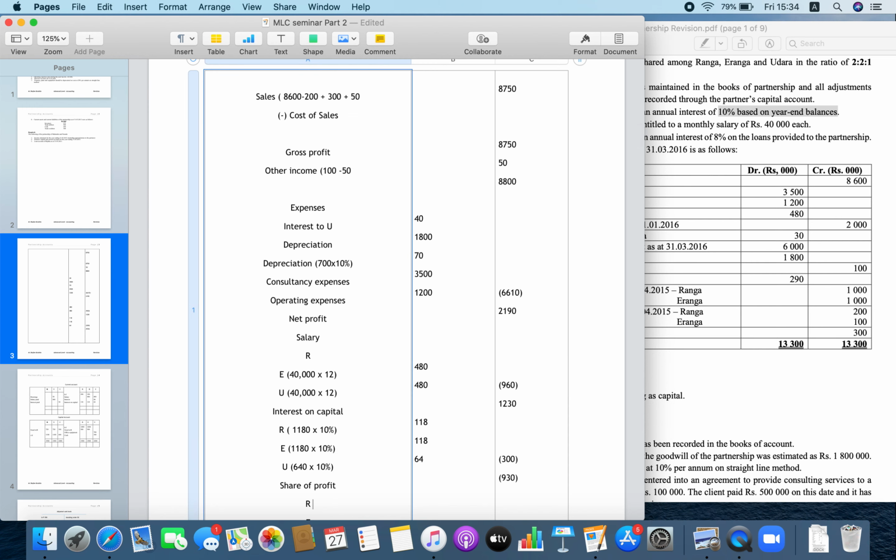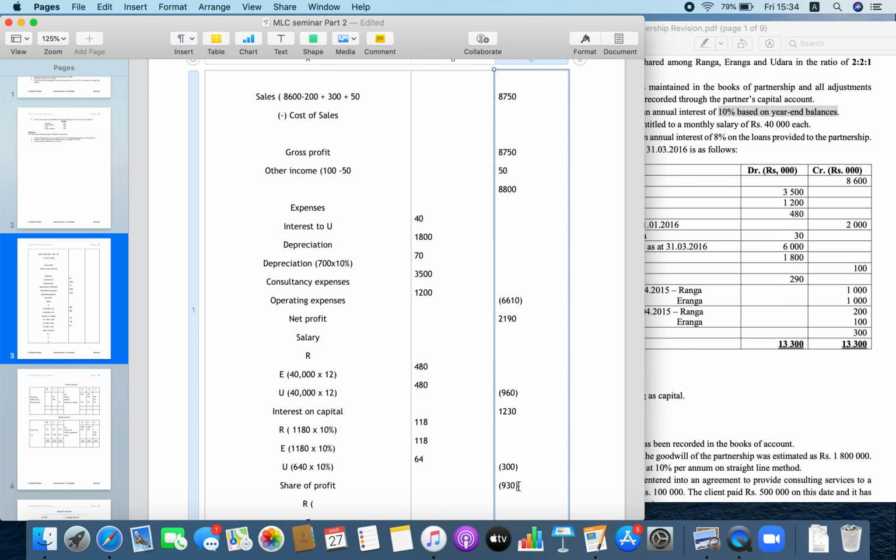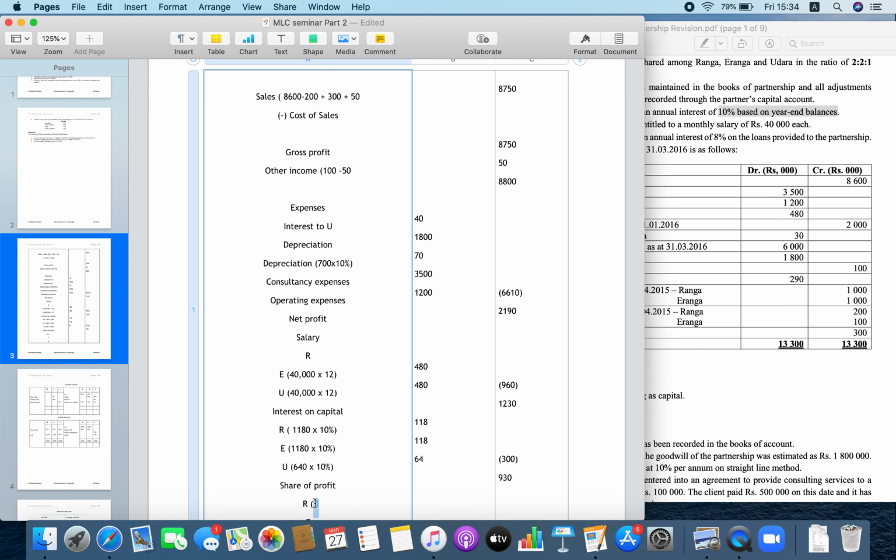Right, so remember, whatever now that is remaining, right, this 930 should be, right, as it is 930. Right, now remember, whatever that's remaining between the partners should now be shared to the ratio, as you can see over here, 2:1. Right, so first person gets 2, divide the whole thing by 5.